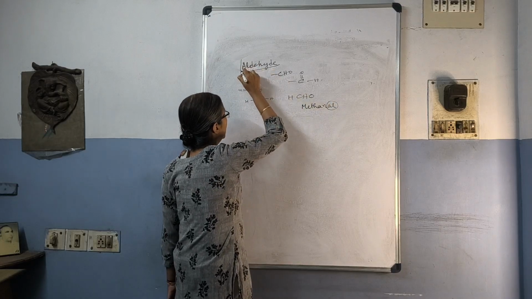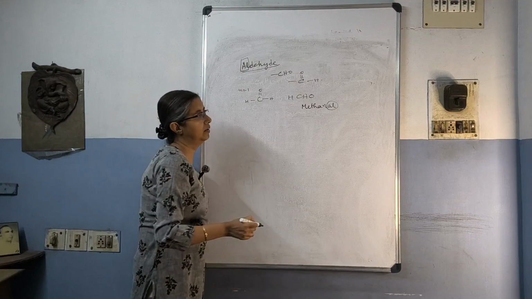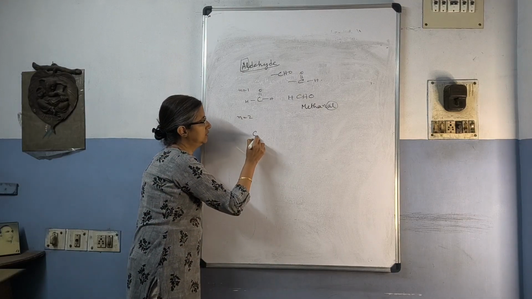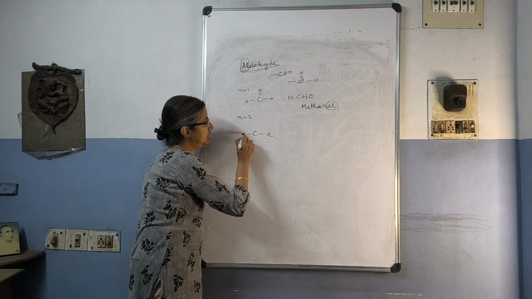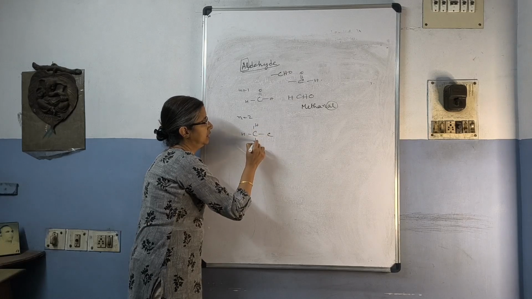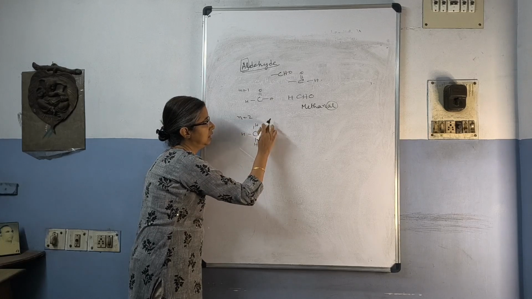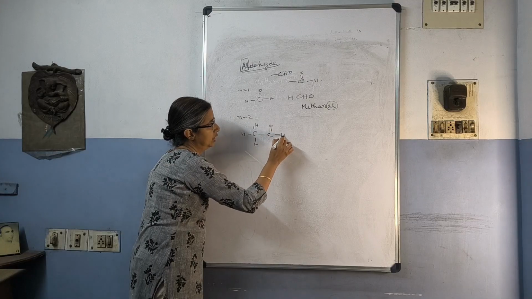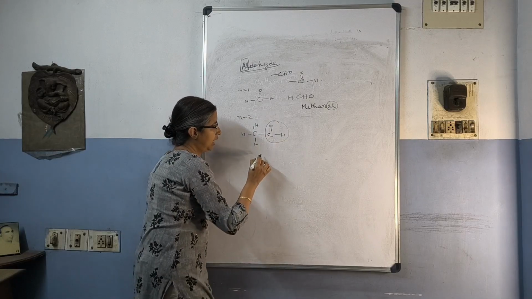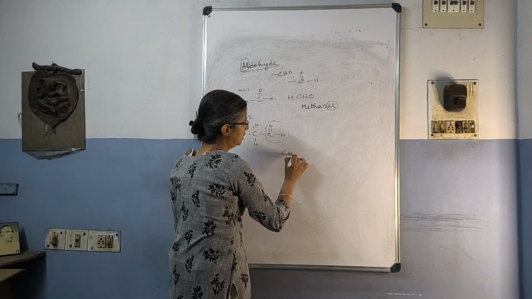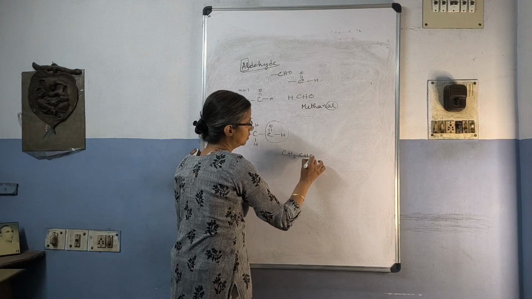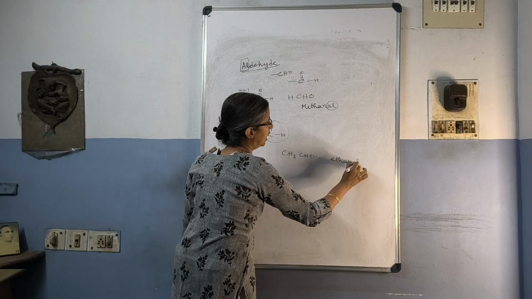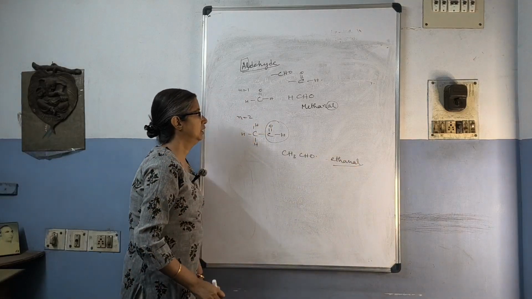Aldehyde is -al. Then n equal to 2, that is C bond C, that is CH3 and the double bond O, H. So we have CH3CHO, ethanal.